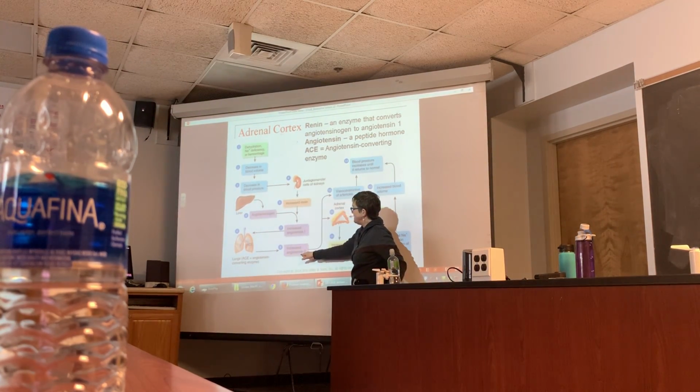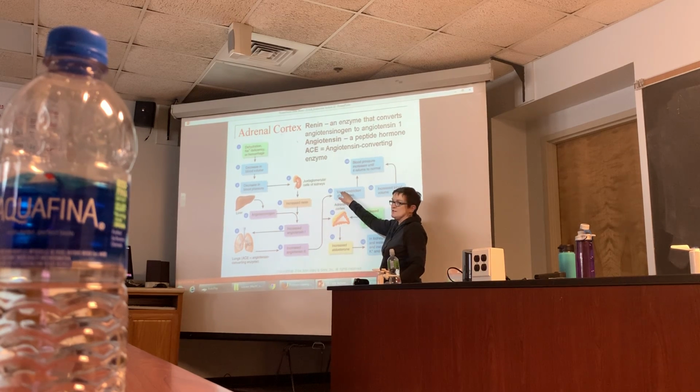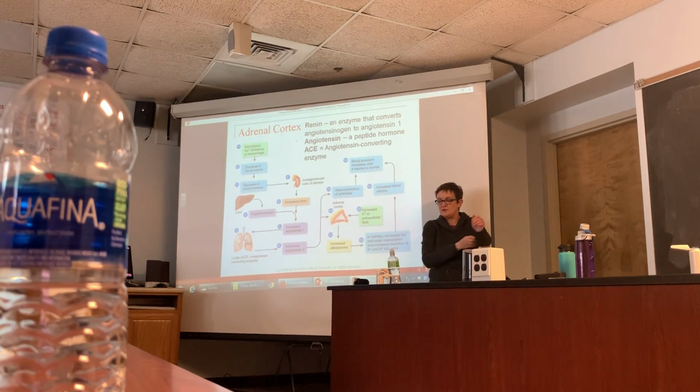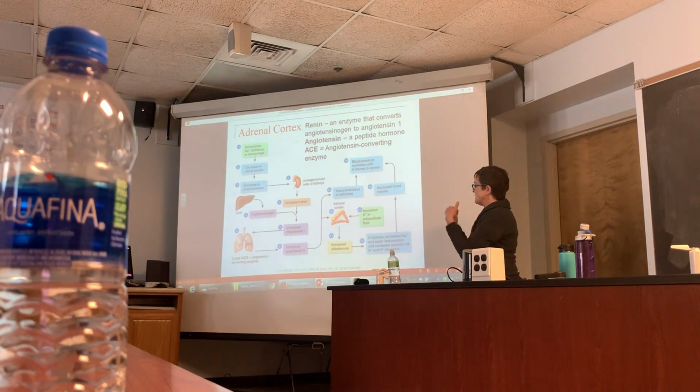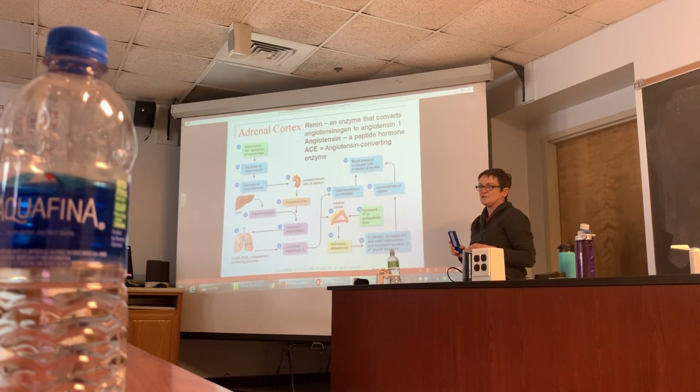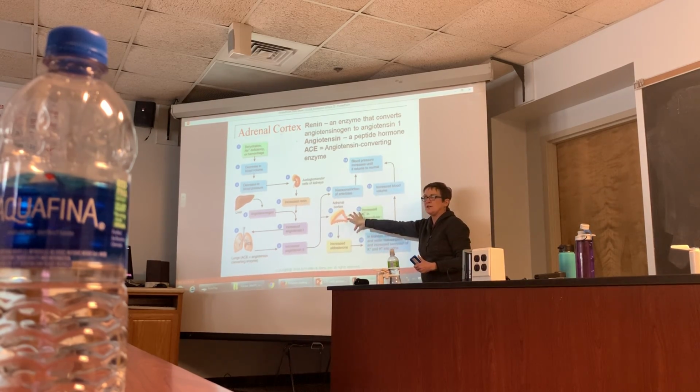If there's less angiotensin II, then you're not going to get these effects of bringing up blood pressure. And so for people with high blood pressure, that helps bring the blood pressure back down again. So that's what an ACE inhibitor medication does. It inhibits all this happening right here.